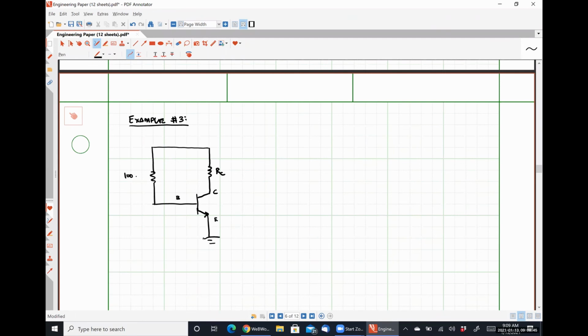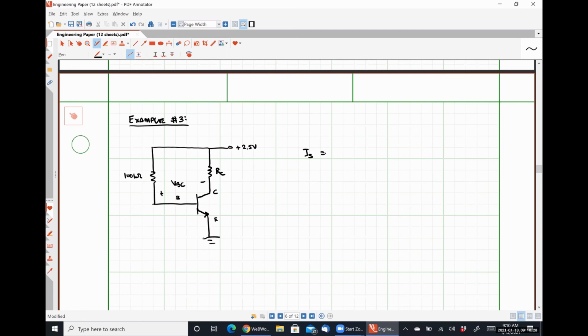Here we have a 100 kilo ohm resistor. We're applying 2.5 volts as a power supply voltage. And our goal is to figure out what resistor value RC will keep VBC, the forward bias voltage of the base collector junction, to less than 200 millivolts. So what's the largest value of RC that will keep this guy in soft saturation?